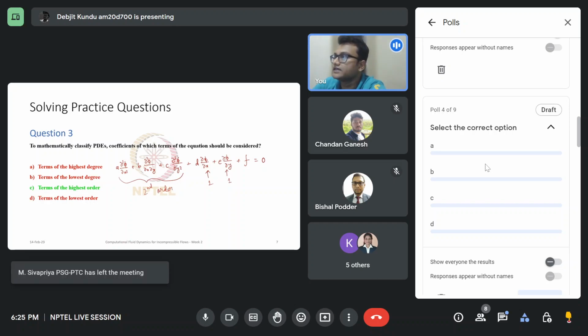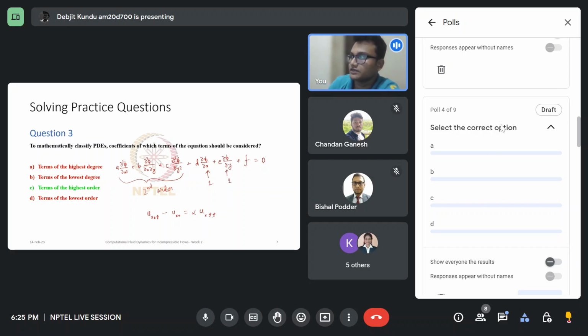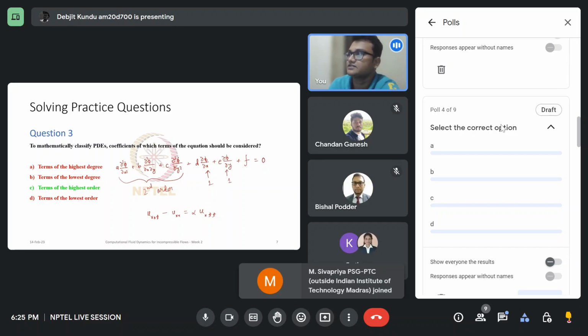So let's say if it was something of a higher order, the equations are like this: u_xxt minus u_xx equal to some alpha u_xtt. So you know this notation, right? u_x means the derivative of u with respect to x. And if I repeat that, that means repeated differentials are taken, so it's like a mixed derivative.